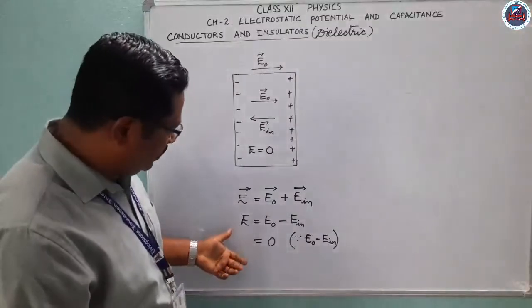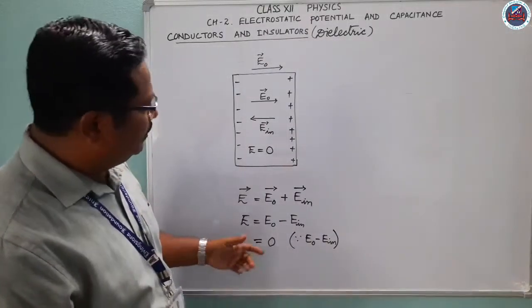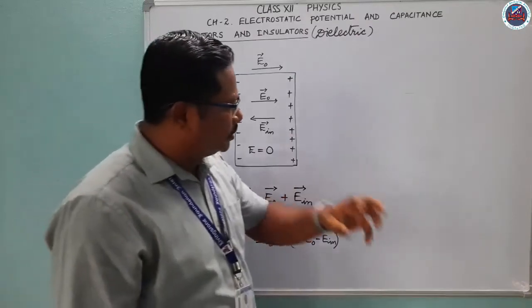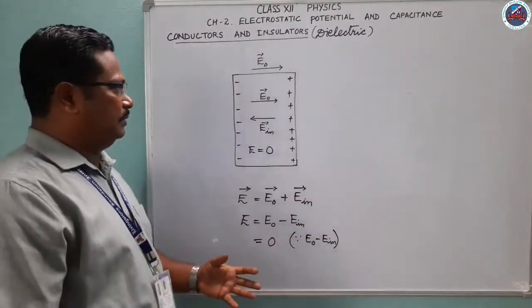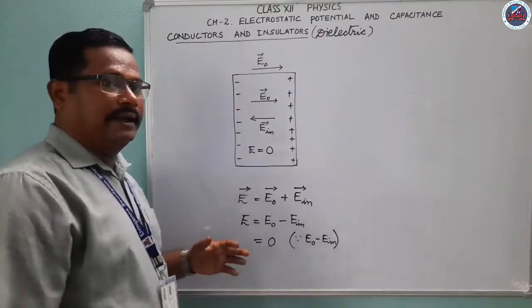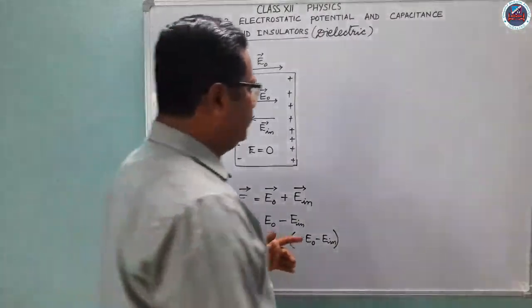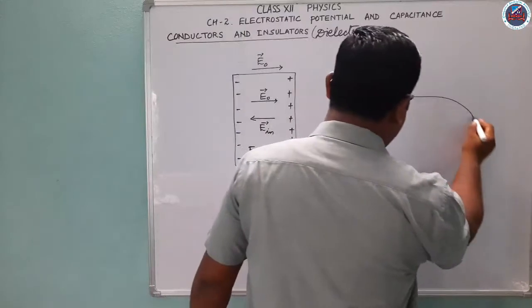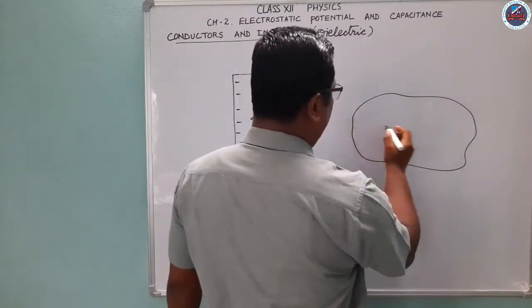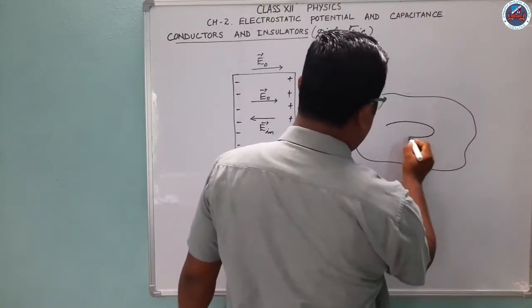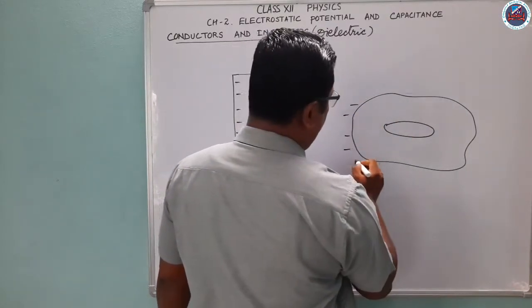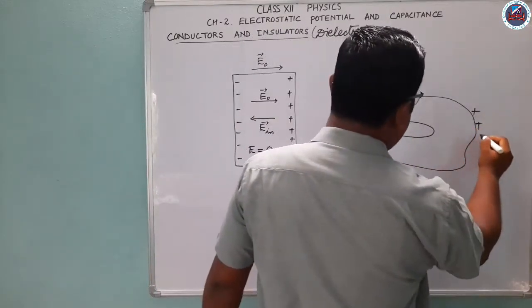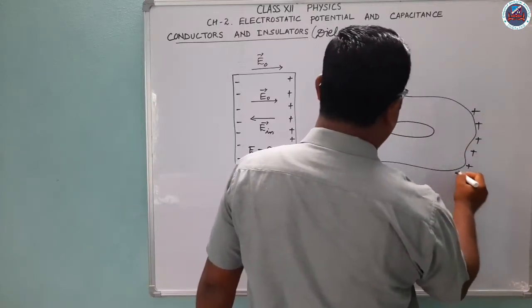This property, we use it to keep some instruments safe, not to get influenced by external electric field. If you take a hollow metallic conductor like this, and keep the instrument that you want to protect inside, then the charges will be outside the conductor, and inside there will be no charge.